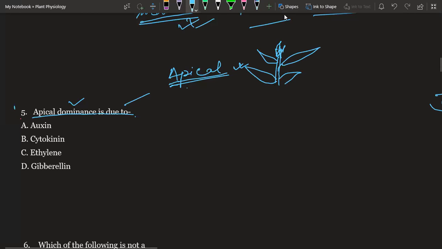The bud keeps on growing, and at the axil of the leaf there are lateral buds, or axillary buds.